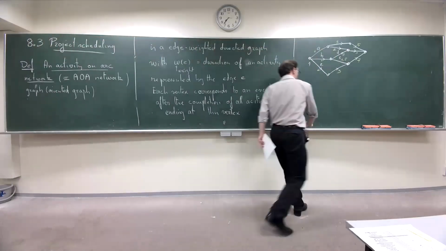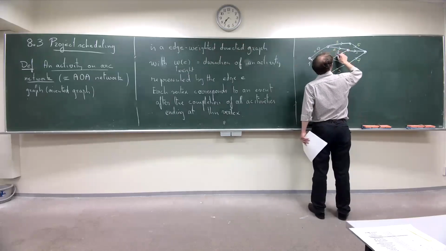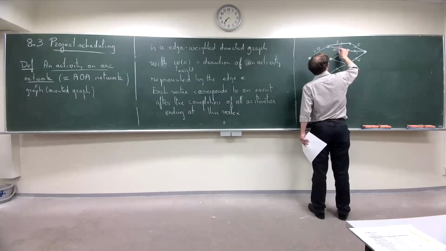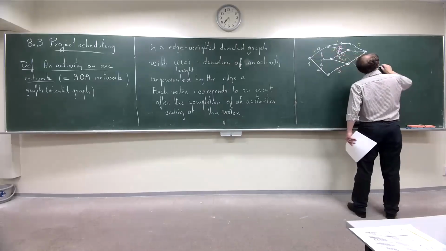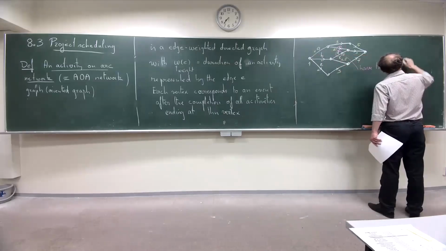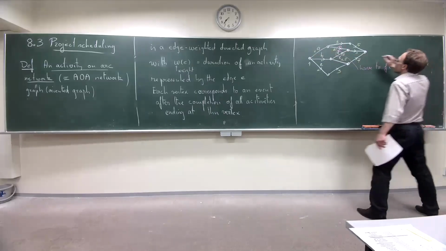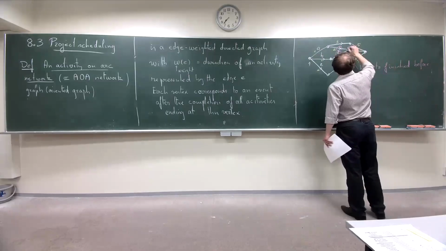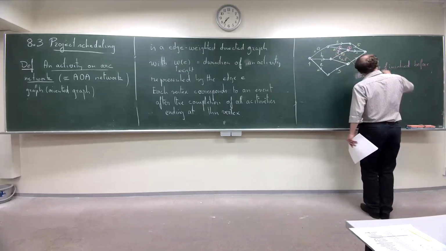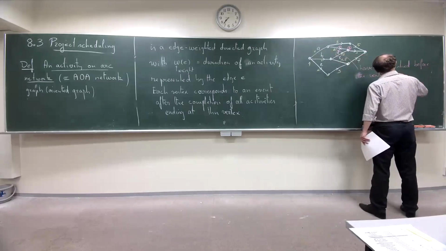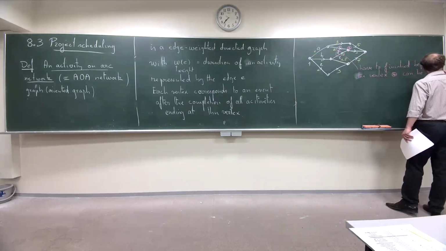And it means in this picture, these activities, so these two edges, have to be finished before the vertex star can be reached or can be considered.